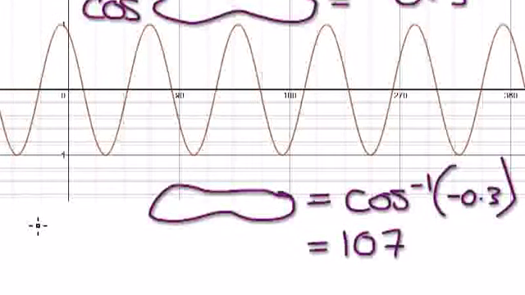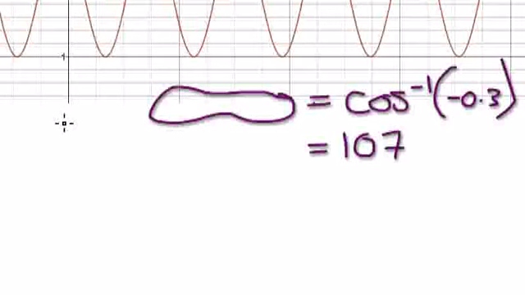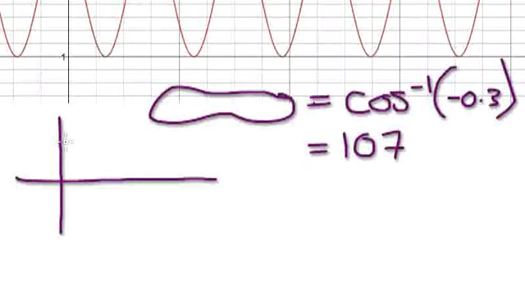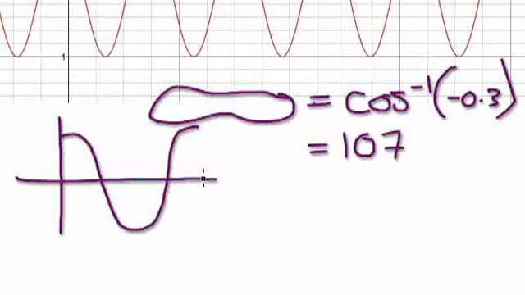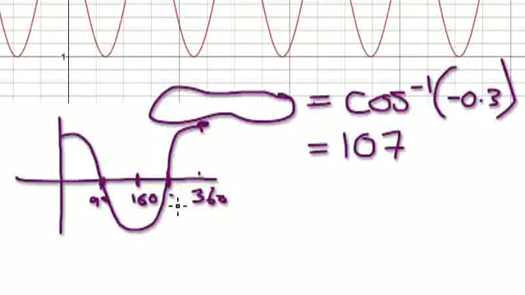Let's quickly sketch our cos of x graph here. This here would be 360, this here would be 180, this here is 90, and this here is 270. We are trying to solve negative 0.3.